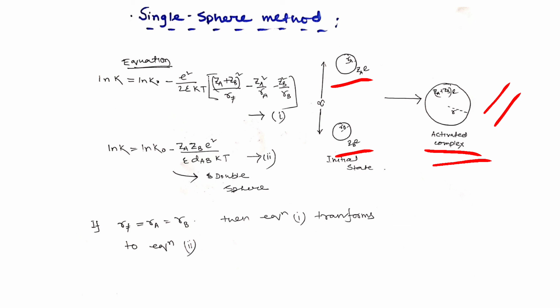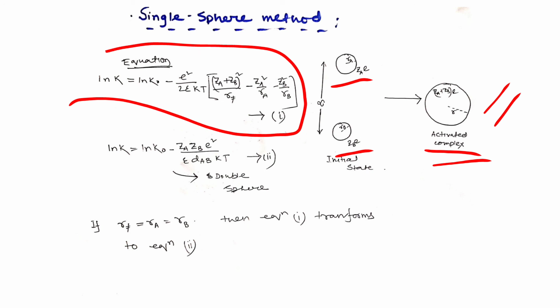For this one I am not deriving the equation, the final equation is this one, ln k equals ln k naught minus this term. If you want you can remember it, otherwise forget it, just remember the double sphere. Actually the double sphere is a special case of this one, so if you remember this one and just put in the condition, we will get this one.